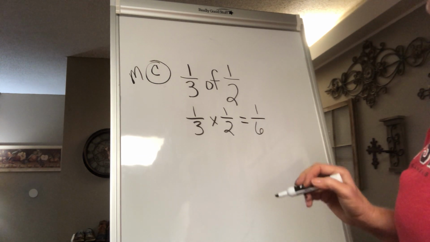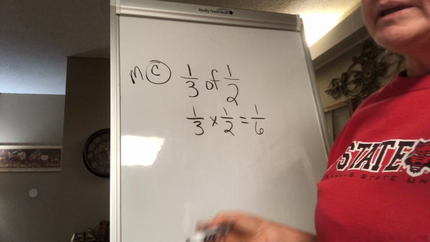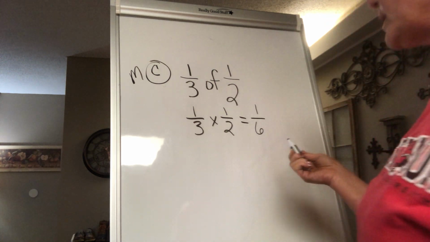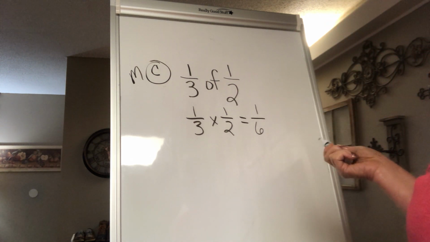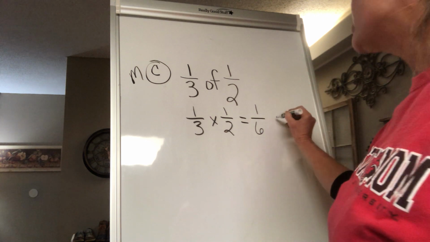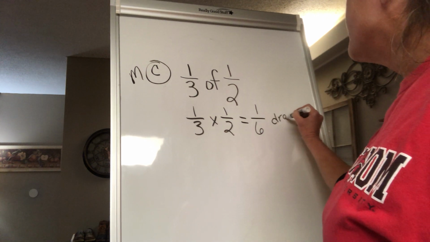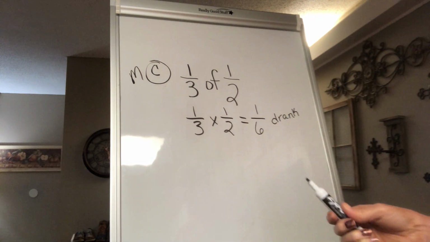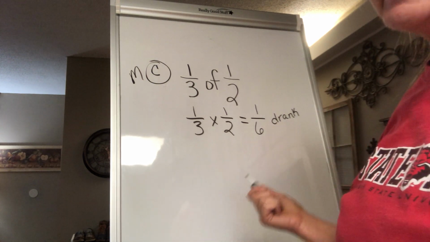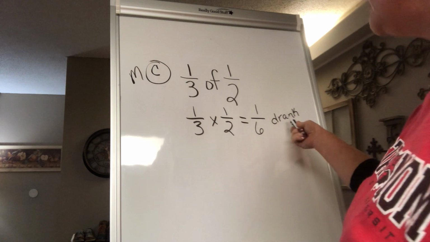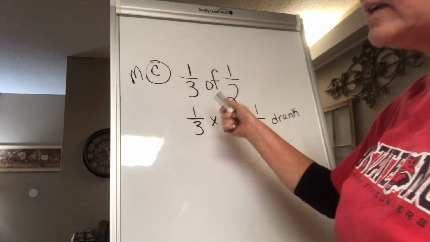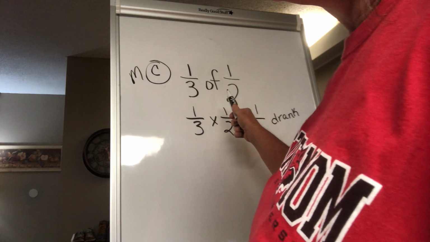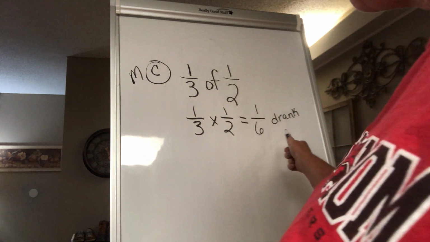Now, this is telling me, got to be careful on this one. This is telling me that this is how much he drank, because we said how much did he have left in his bottle. So he drank 1/6 because he drank 1/3 of the 1/2.